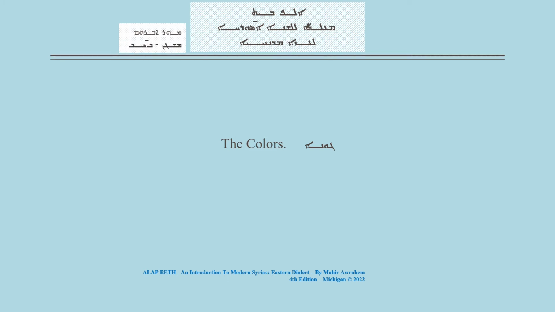So I'm going to read the first line, and the rest is going to be in the same manner. Koma, komta, kome, komyatha. For white, khwara, masculine, khwarta, feminine, khware, khwaryatha. Yaruqa, yaruqta, yaruqe, yaruqyatha. Green. Smoqa, smokta, smoqe, smoqyatha.